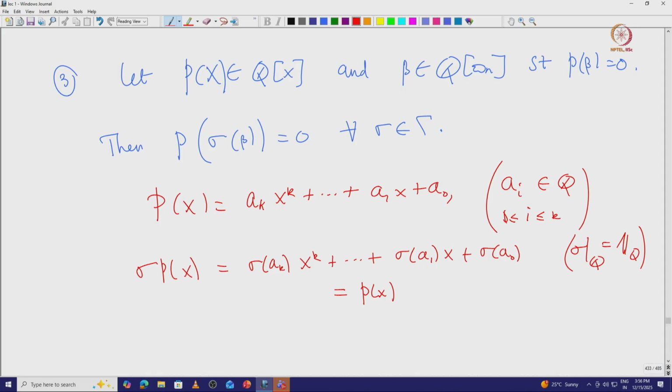So, in particular if we take sigma p of beta, that is going to be again 0, because this is exactly equal to p of beta. And what is sigma of p beta? That is exactly p of sigma beta. So, that implies that sigma beta is again a root for this polynomial p of x.